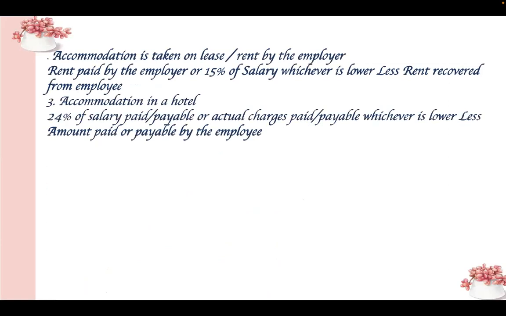If the accommodation is taken on lease or rent by the employer, the rent paid by the employer or 15% of the salary, whichever is lower, less the rent recovered from the employee. Accommodation in a hotel: 24% of the salary paid or payable, or actual charges paid or payable, whichever is lower, less the amount paid or payable by the employee.